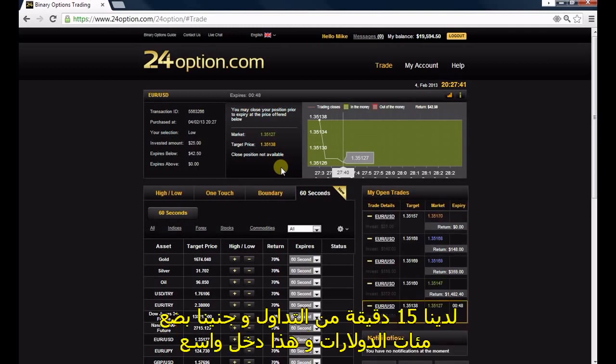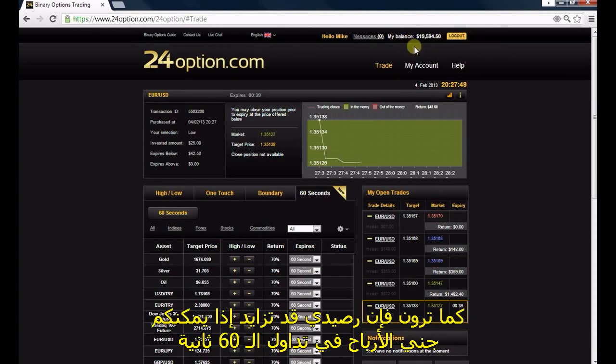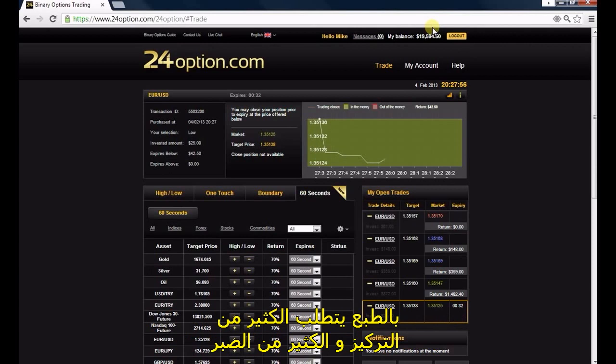Okay, so we're at 15 minutes of trading and we've already made a few $100s. So it's extremely profitable. And as you can see from our balance, we've just been hammering away here with 60-second options. And you can really make some amazing profits. Again, it takes a lot of focus, it takes a lot of patience.